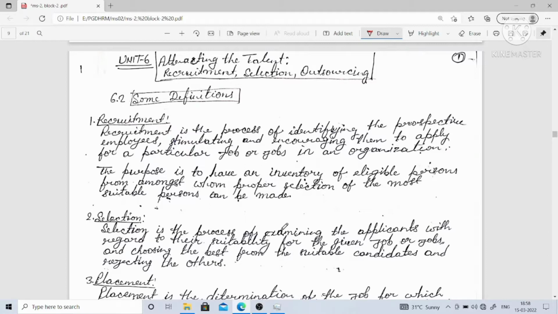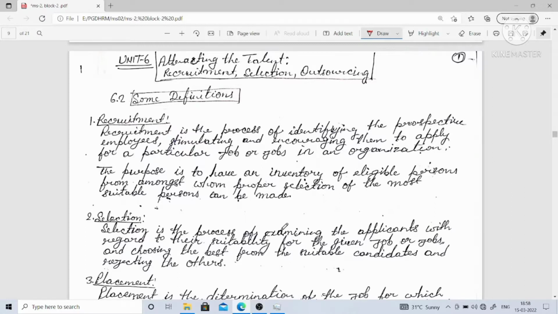Now we move on to the next unit of this block. So unit 6, attracting the talent: recruitment, selection, outsourcing. So we will study here in this unit about recruitment, selection and outsourcing.